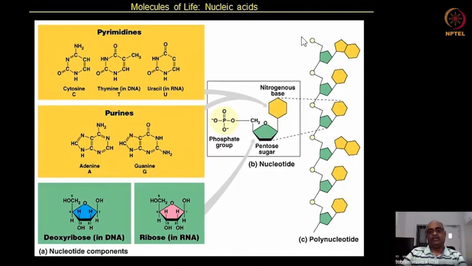This is what we call the sugar phosphate backbone. So the polynucleotide is held together primarily by the sugar and the phosphate. Sugar, phosphate, like this. And the nitrogenous bases are attached to the sugar moiety. So this is the basic chemistry of nucleic acids.